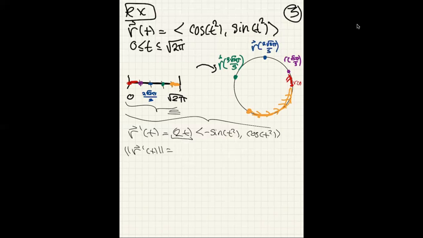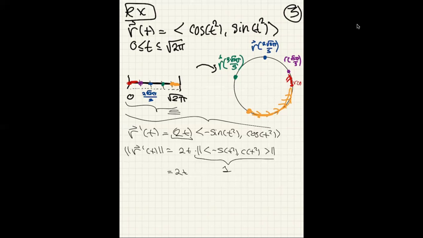So it's 2t times the length of this. But this is going to give us a sine squared, cosine squared type thing, and this just becomes 1. And so the length is 2t, or the speed is 2t, meaning as t ranges along this interval, we get faster and faster. The t is increasing as time increases. So it moves parabolically. It sort of moves like x squared.